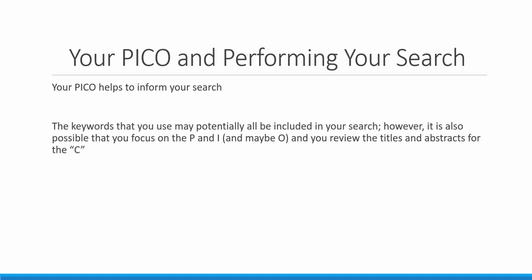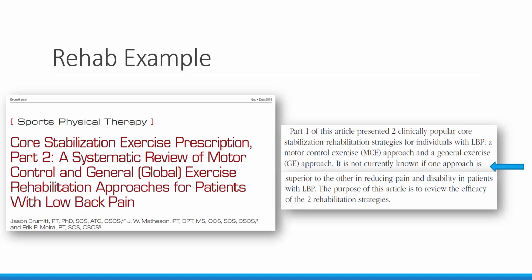Going back to this here, ideally, it would be great if there were randomized controlled trials available that would specifically have compared motor control versus general exercise. However, sometimes there isn't.